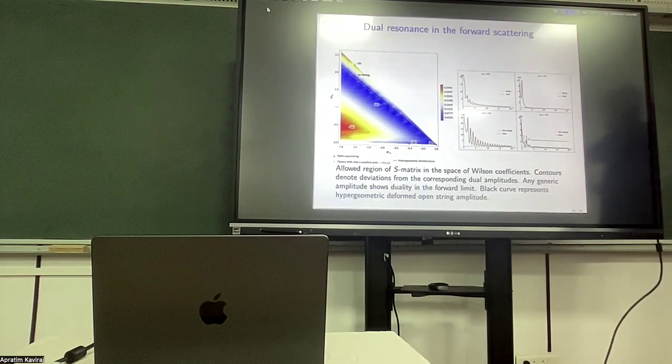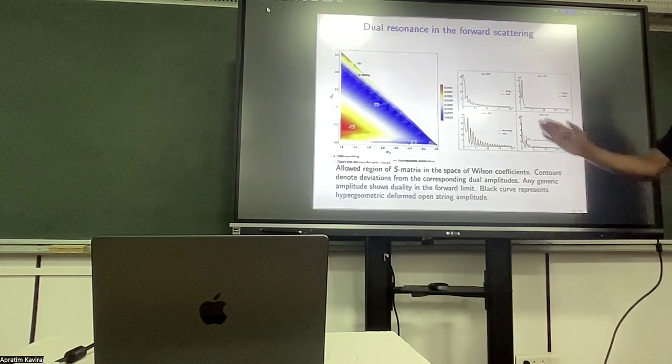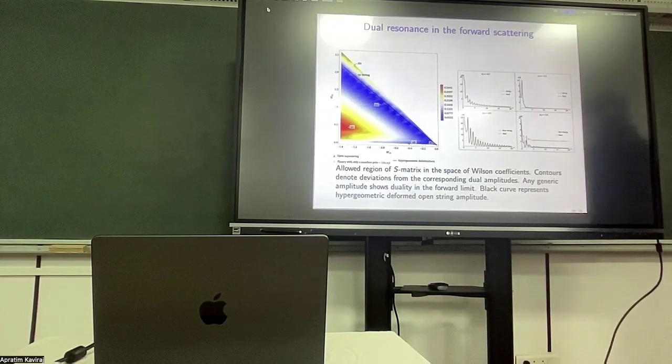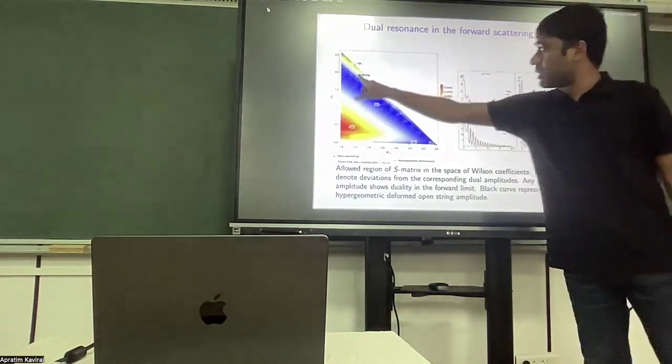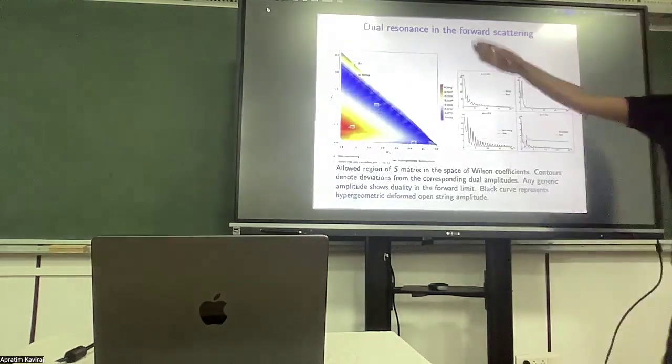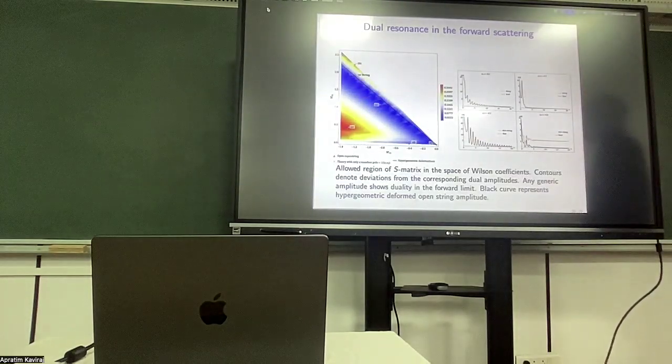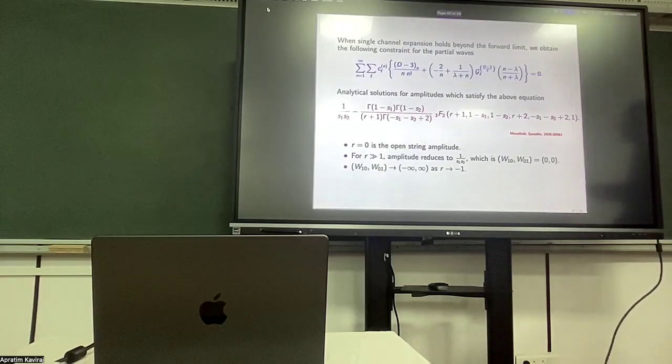If we take away one scalar mode, then we are violating the high energy behavior. And therefore, when S2 is negative, it will go to a constant instead of following S2 to the power R. However, all the amplitudes on the black curve, of which the string is a part, satisfy exact duality, meaning they are always given in terms of a single channel expansion.